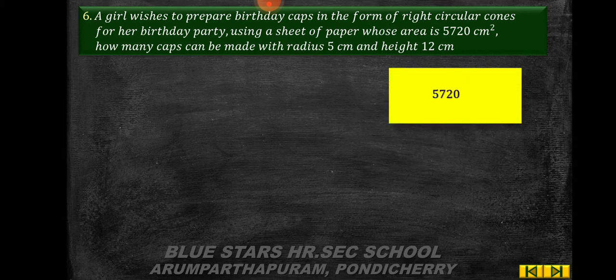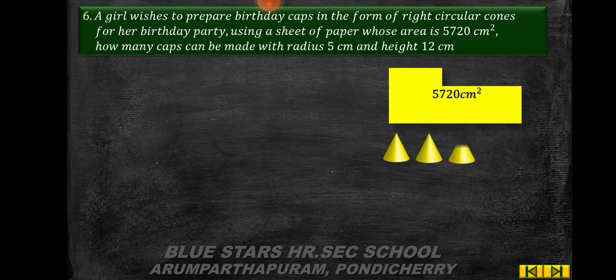So imagine this is the sheet of paper whose area is 5720 centimeter square. So in that we are just taking one piece of paper whose radius is 5 centimeter and height is 12 centimeter. So how many caps should be made with the radius 5 centimeter and height 12 centimeter?